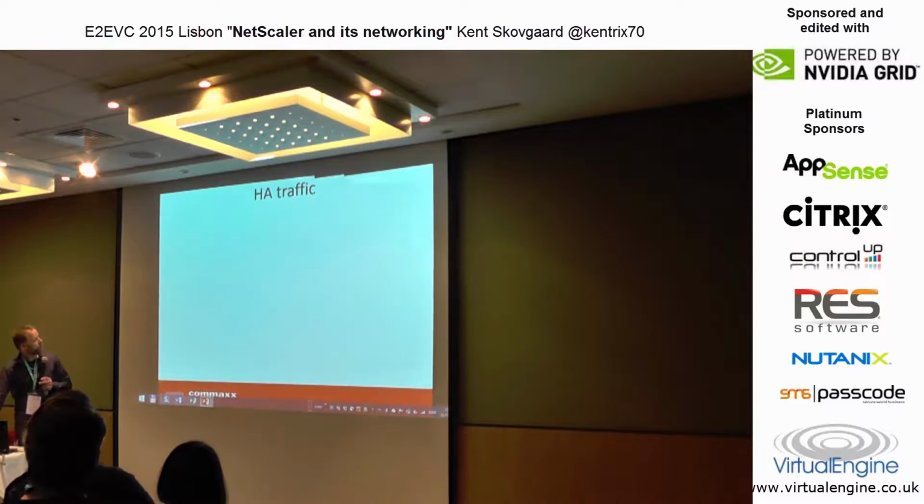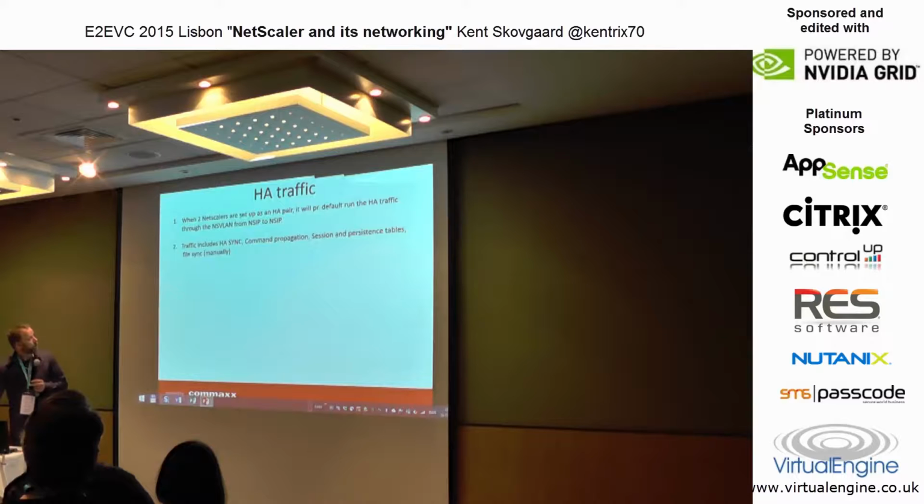So HA traffic. When you have two NetScalers in an HA setup, you would want it to send some information to the passive part, and that will per default flow through this NSVLAN that I mentioned before, from NetScaler IP to NetScaler IP. This includes synchronization, and if you do something in the GUI, it will be converted to a command in the command line.